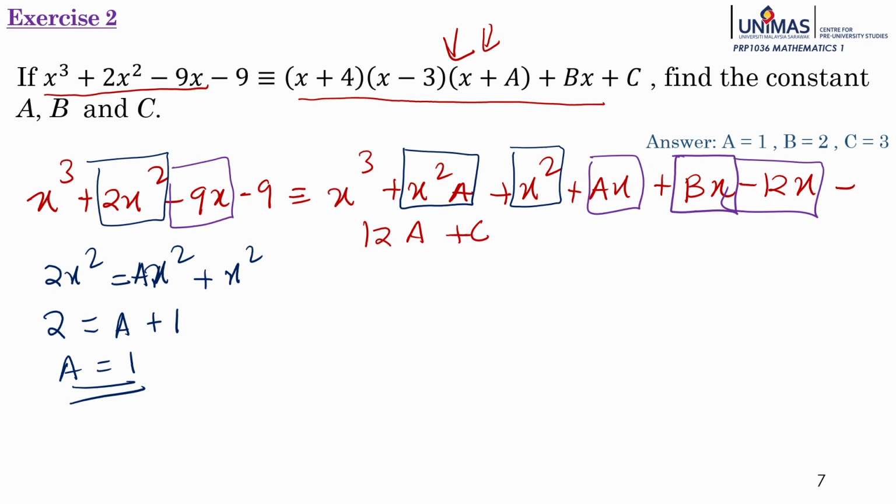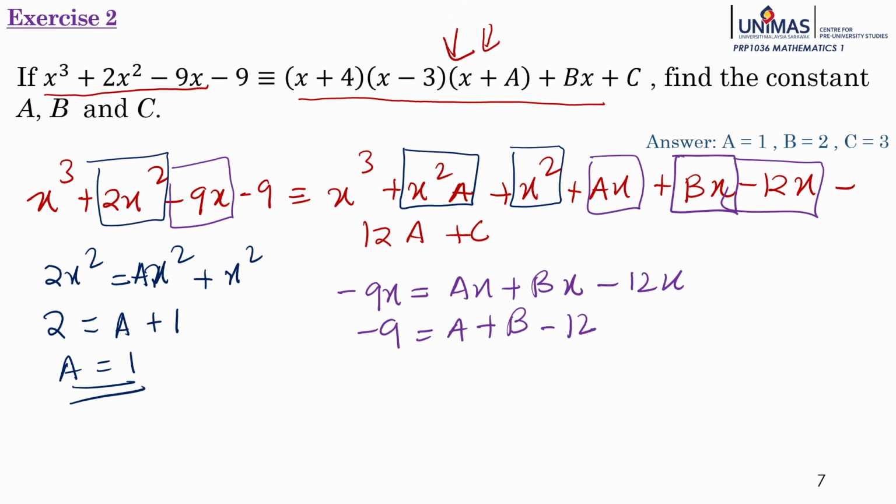So negative 9x equals ax plus bx minus 12x. So taking only the coefficient and then substituting the value of a we got here, you can get the answer b is 2, right?